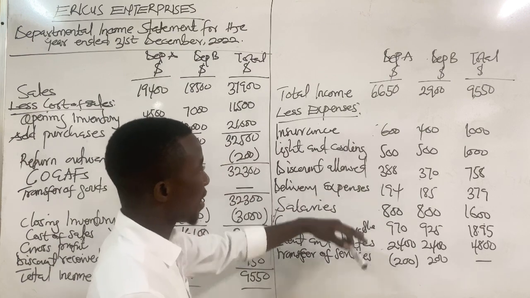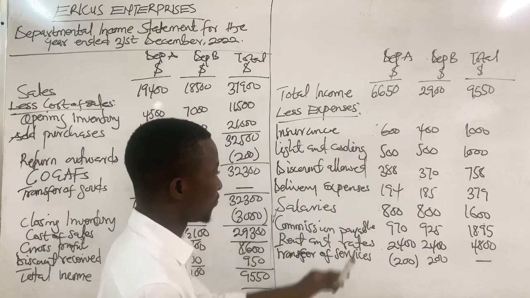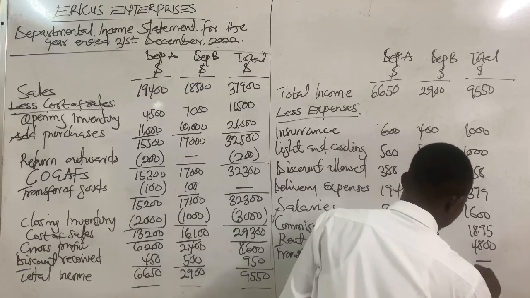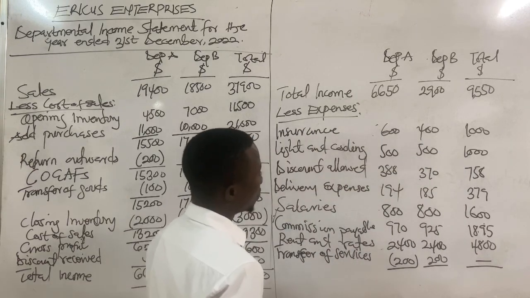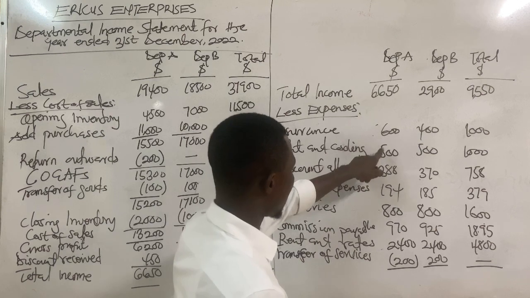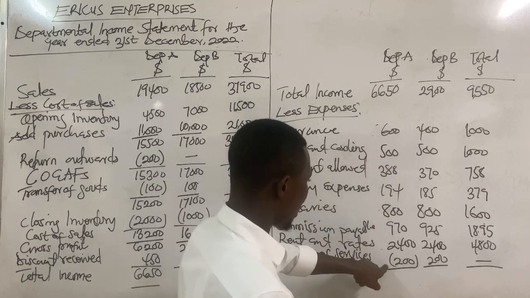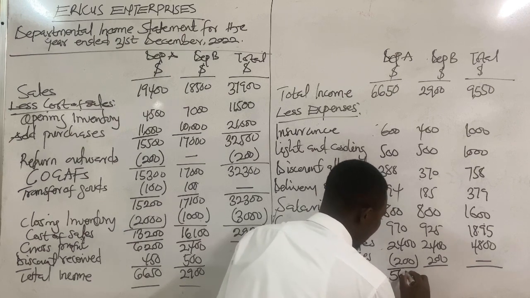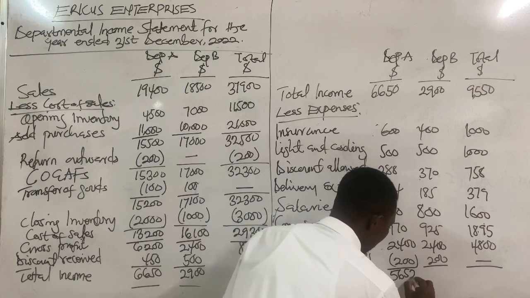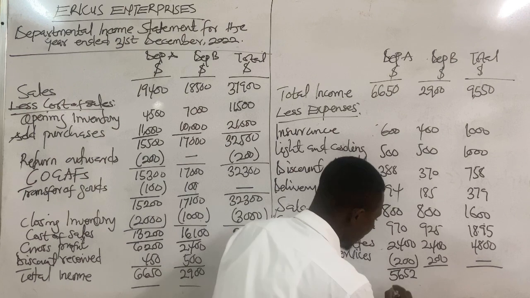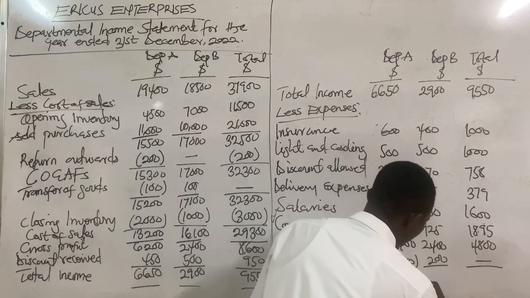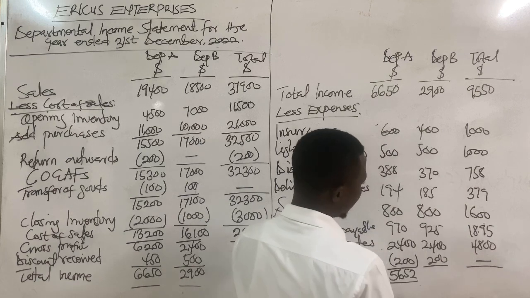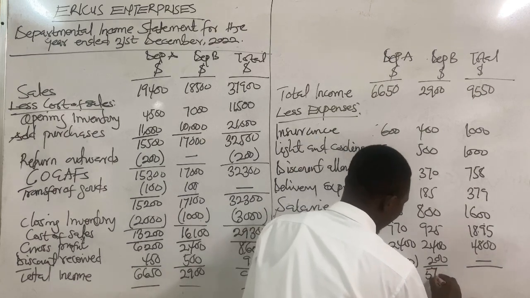So now let's add the total expenses so we can see how we go by it. So with these total expenses, we add all this and subtract this. That is 5,652. Then we add all this, that is 5,780.